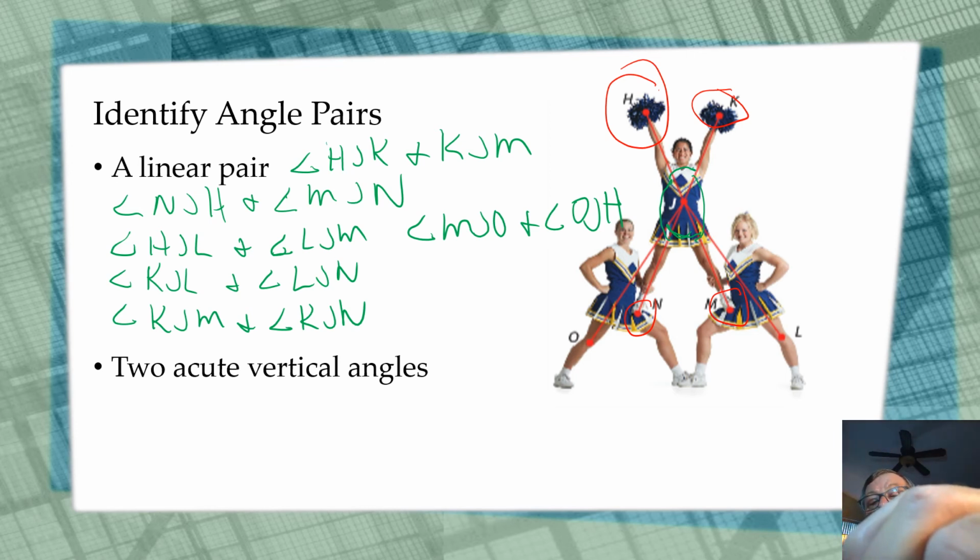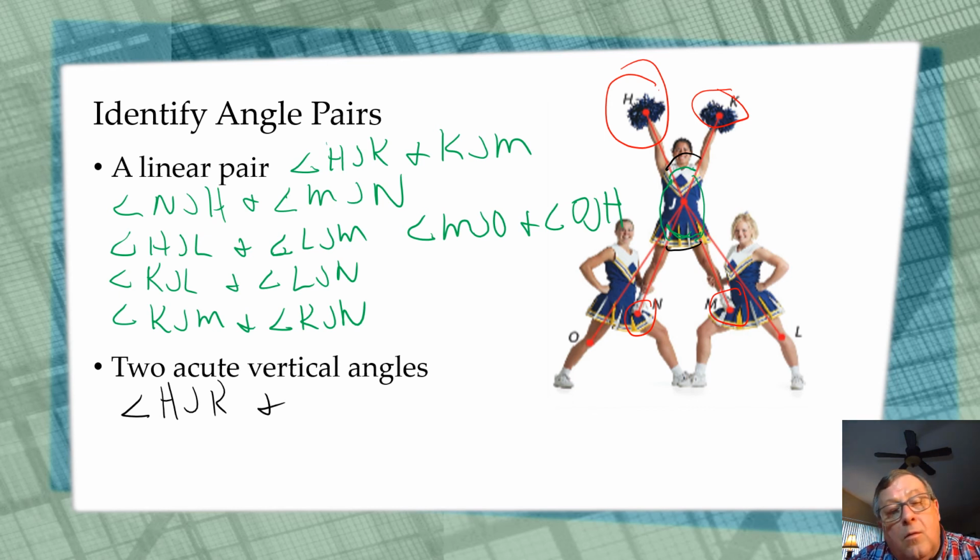All right, this angle here, HJK, that angle formed right there, and NJM right here, those two are vertical angles formed by the intersection of two lines. So we've got angle HJK and angle MJN. I could name that KJH, but the common factor is I'm going to have J as the vertex.